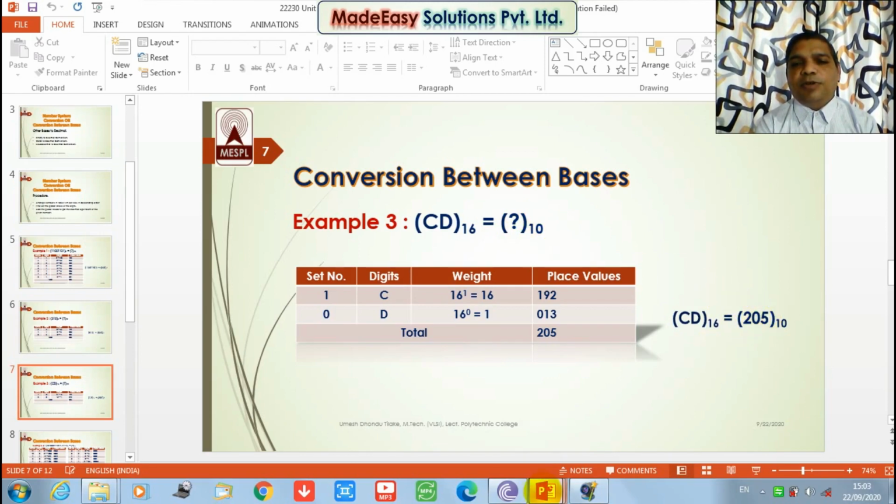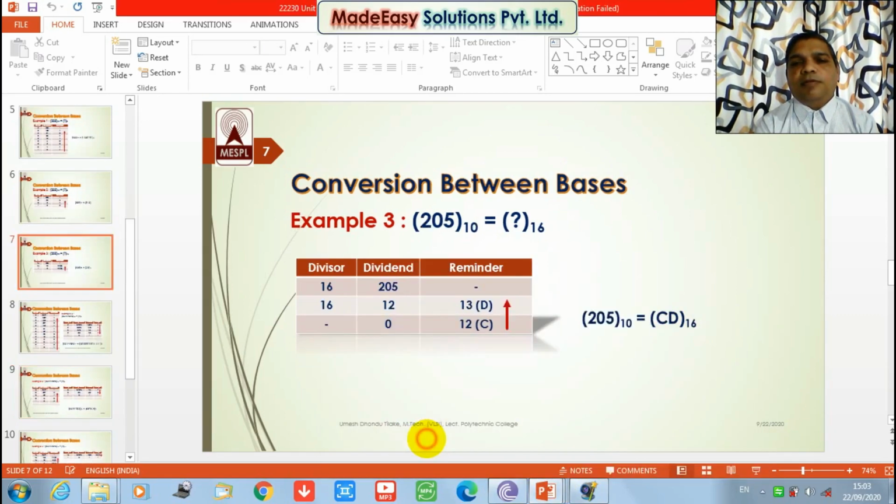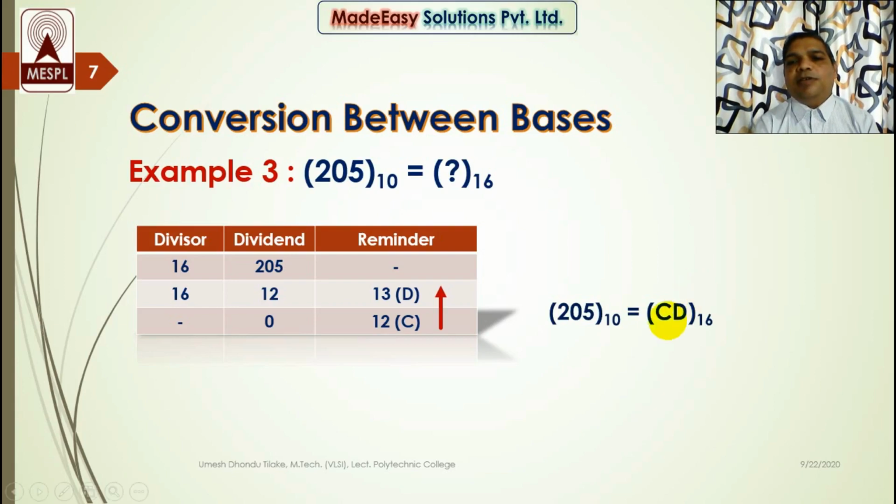Now here in this video we are converting this 205 into hexadecimal. So we must get this answer, and we have got the same answer over here. Now in the next three examples we will learn how to convert decimal numbers with a fractional part into the other bases, that is binary, octal and hexadecimal.